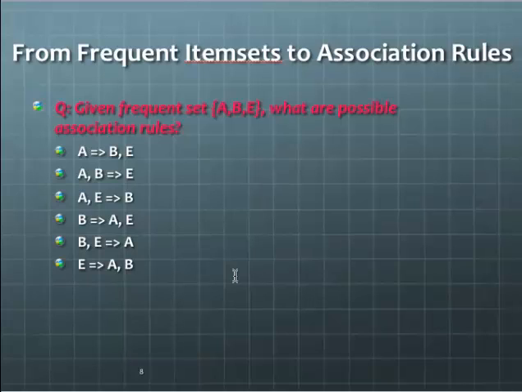If we have a question that given a frequent item set A, B, and E, what are the possible association rules that we could generate from this frequent item set?